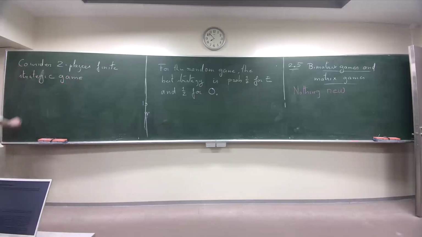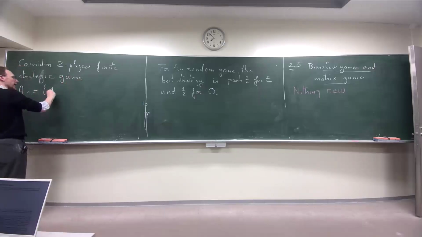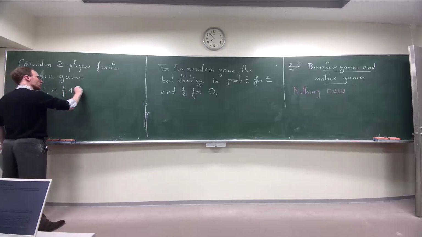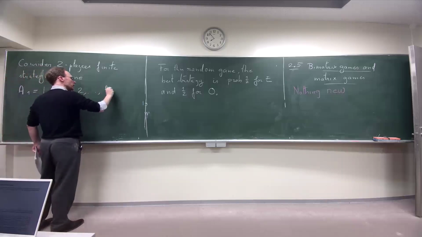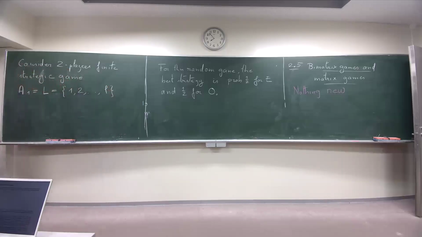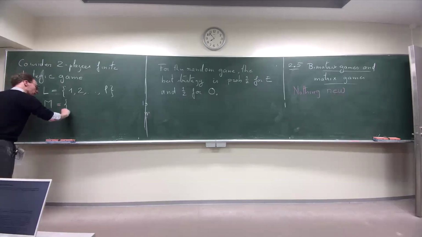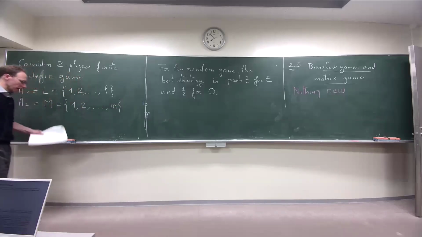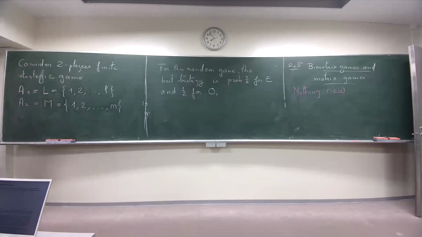If we have only two players, instead of A1 I will just write capital L, and all strategies are just named 1, 2, 3, 4, 5, up to L. That's the name of these strategies. And for A2, I'm going to write M, a set 1, 2, up to M. So the strategies now just have a name like this.